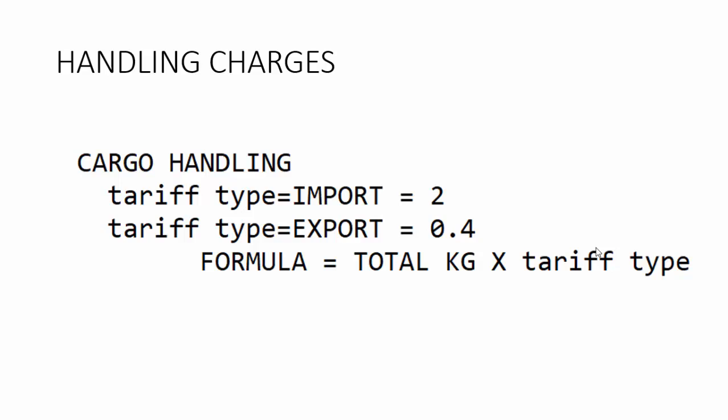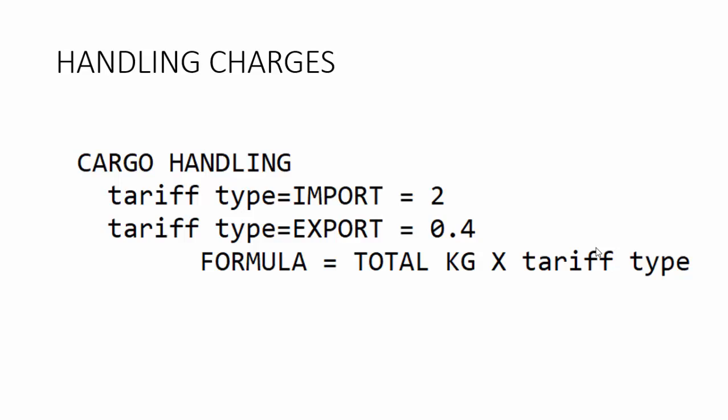Handling charges. This is the movement, the activity of how the cargo has moved. It can move between those 3 destinations we mentioned: truck, warehouse, or vessel. It also has 2 types of charges. When the cargo comes from abroad to Rwanda, the tariff is fixed at 2.